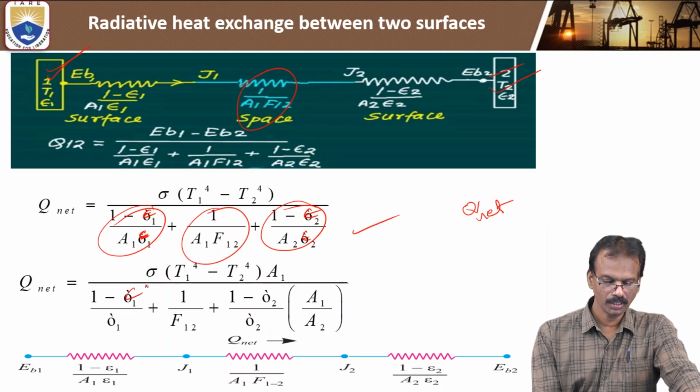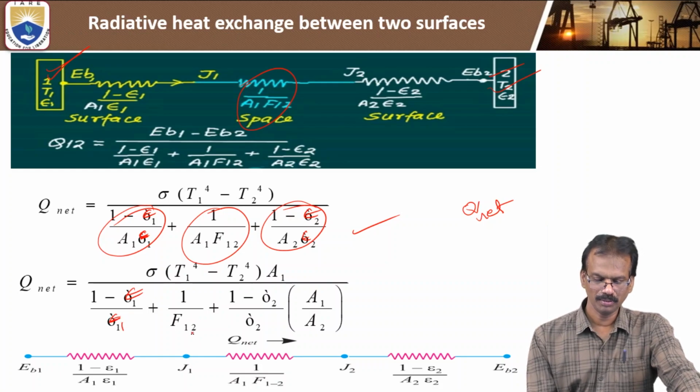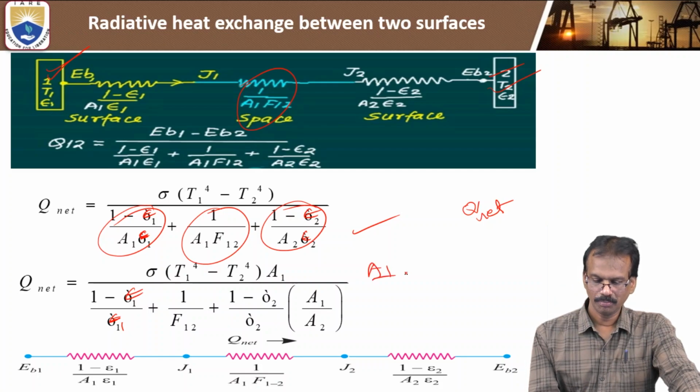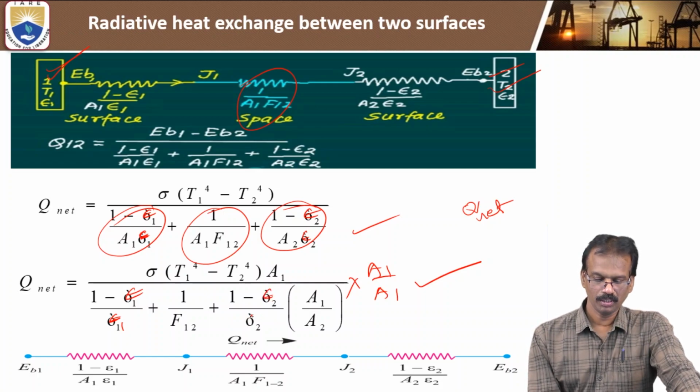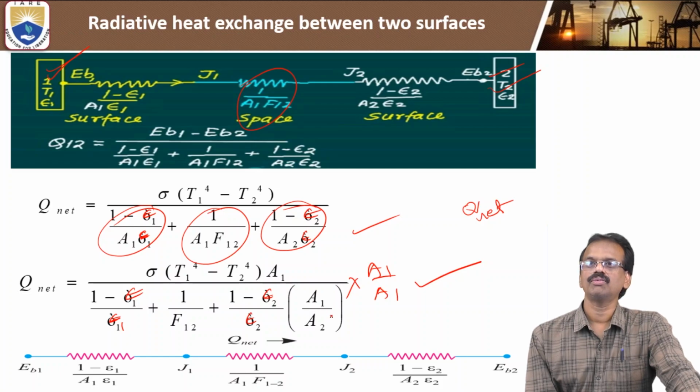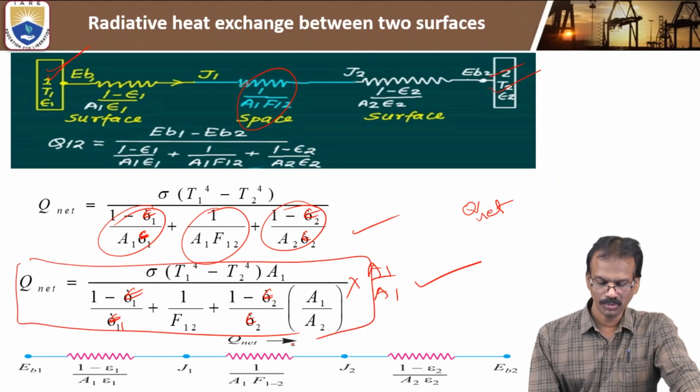We already derived this one. If you multiply by A1 by A1, then we get 1 minus epsilon 1 by epsilon 1 plus 1 by F12, plus 1 minus epsilon 2 by epsilon 2 into A1 by A2. This is the final formula we derived in the previous class.